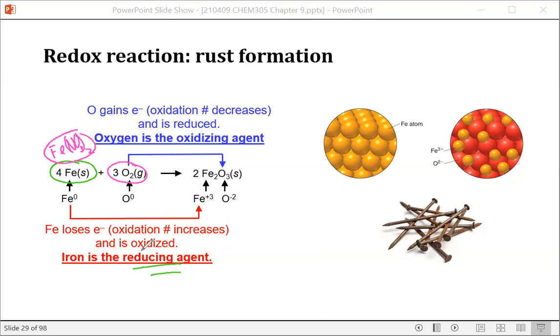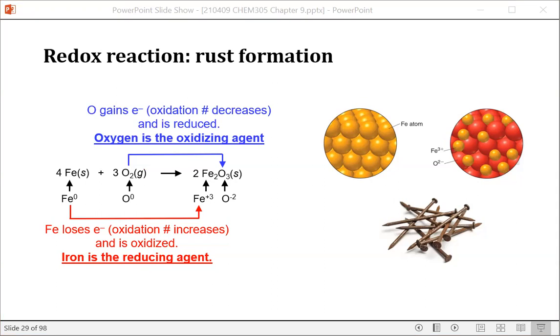So it would be iron nitrate is the reducing agent versus just the element iron is the element that was oxidized. So when you're talking about the agents, it's the whole compound that you're talking about as the agent. And when you're talking about just what element was oxidized, it's the individual element.